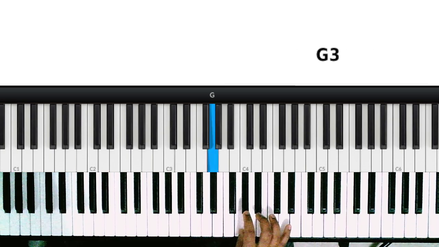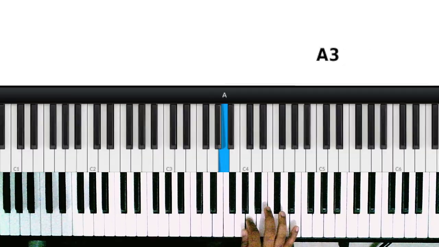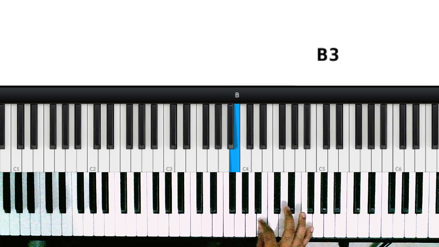It's G. 4 to 5, tone or semitone, is A. Then our 5 to 6, we can guess the note, is B, tone. Our B, then I want you to guess the 7th note.